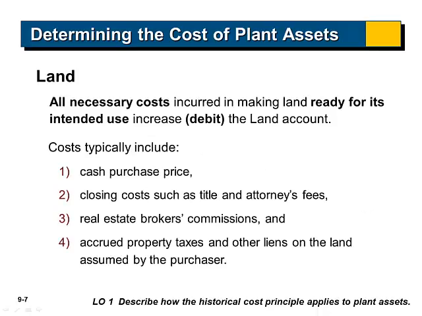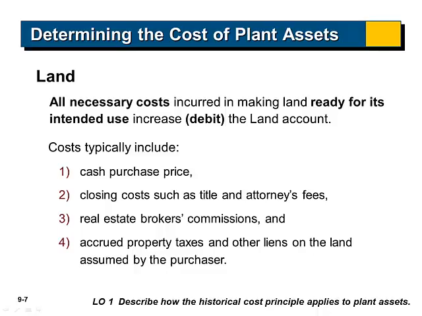Okay, so the next few slides, we're going to walk through some of the main types of plant assets and talk about how we determine their costs. So for land, the cost would include all necessary costs incurred in making land ready for its intended use.